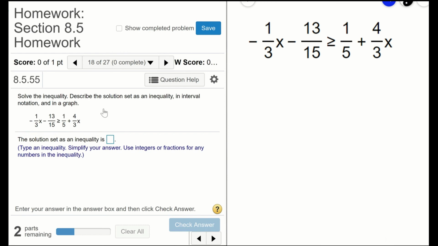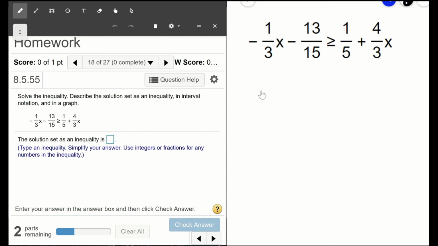All right, so here we have an inequality containing some fractions. So what we're going to do is go ahead and find the LCD first, and then we'll multiply both sides by that LCD. If you recall from dealing with equations that have fractions in them, for a problem like this containing fractions on both sides, we're going to find the LCD of all the fractions, which of course in this case is pretty simple.